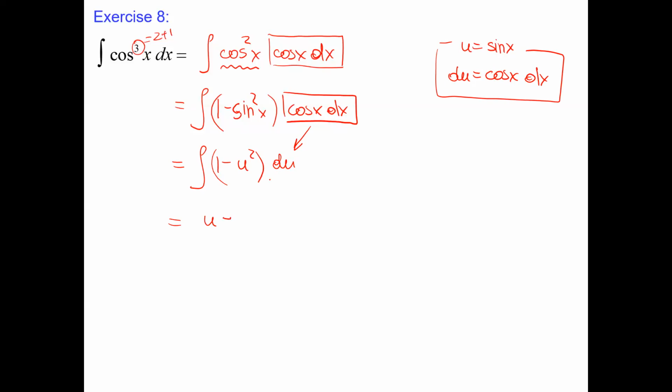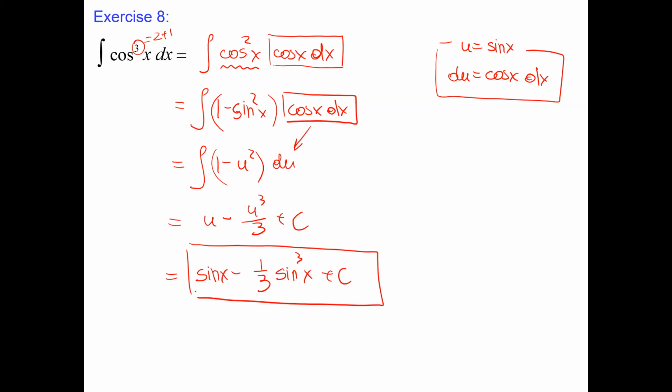Integral of 1 du is u. Integral of u squared is u cubed over 3. And done. Replacing sine of x, sine cube of x. We can see nothing new, nothing new. Okay, that's how we will deal with sine and cosine.